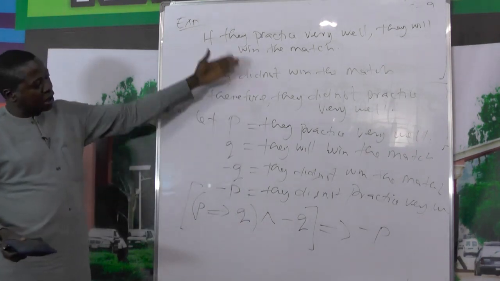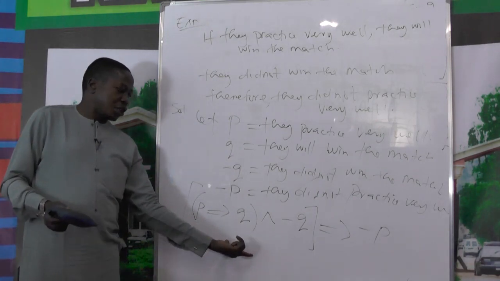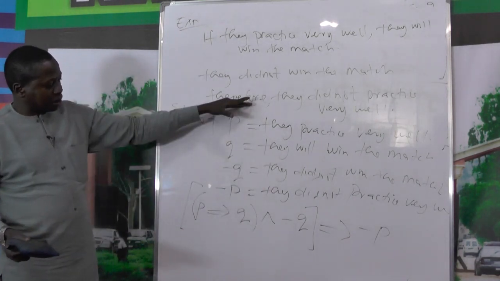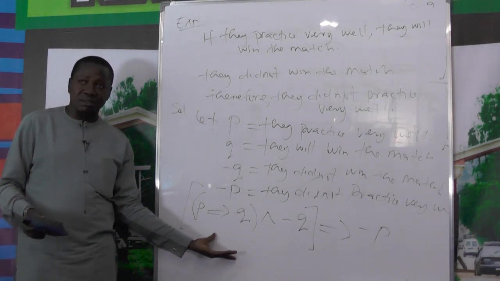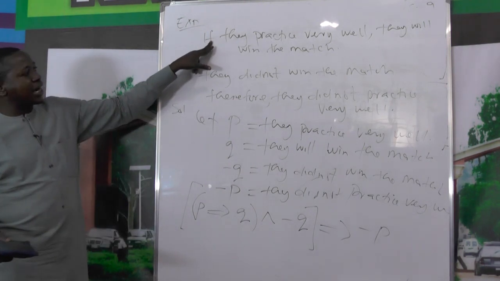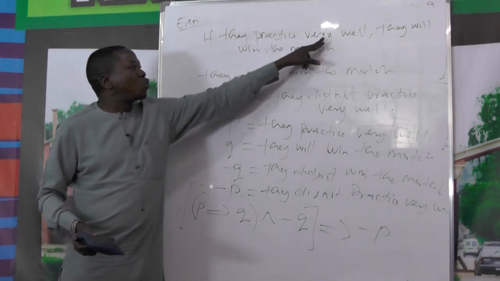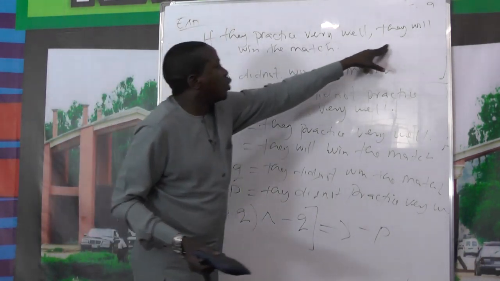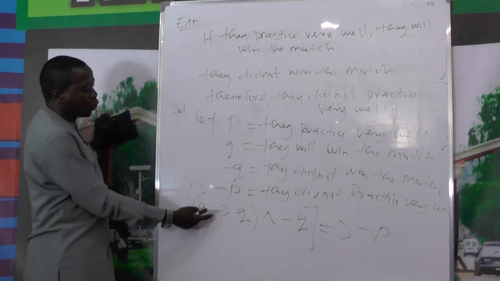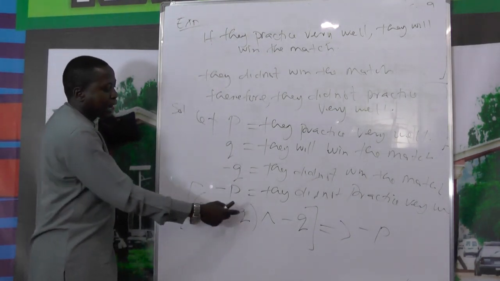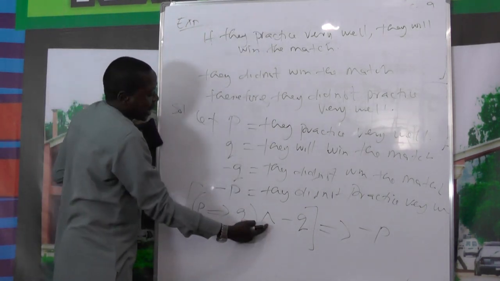After you have interpreted your question, your argument, this is the first thing. From this argument, we get this compound statement. How do I get it? Let me explain again. This first line, this if is a conditional statement. They practice very well is our P. They will win the match is our Q. And this if is why we use implies: P implies Q. If you are joining this one and this one together, you use and.